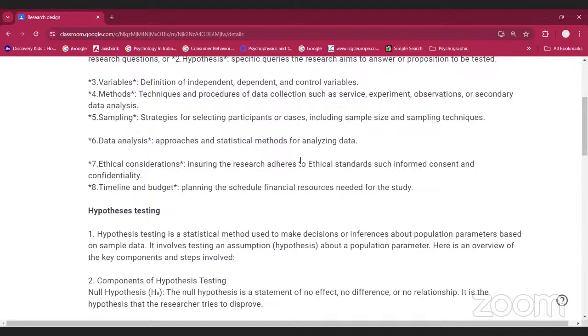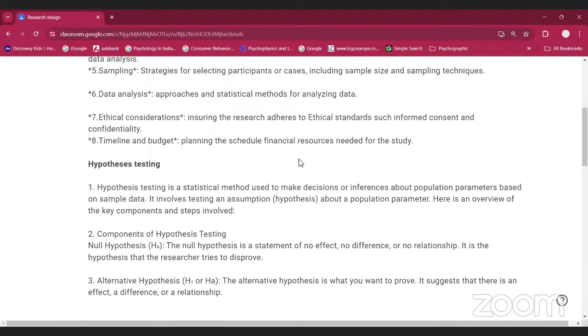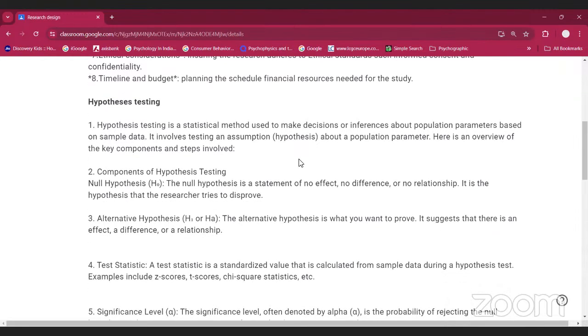Hypothesis testing is a statistical method used to make decisions or inferences about a population parameter based on sample data.